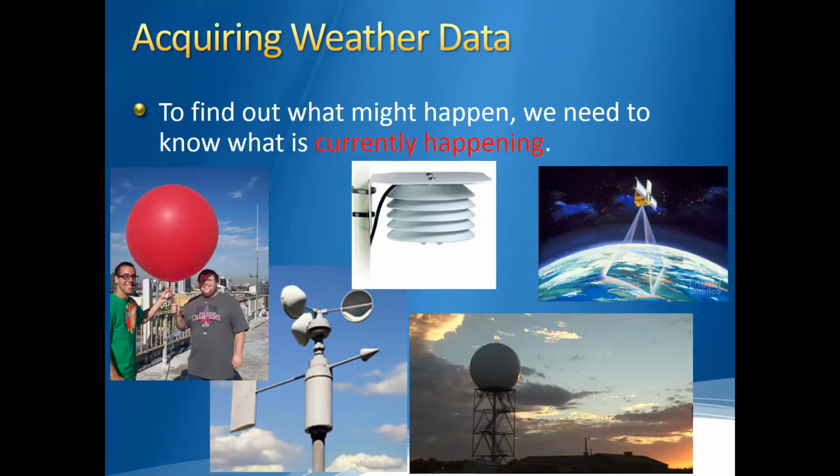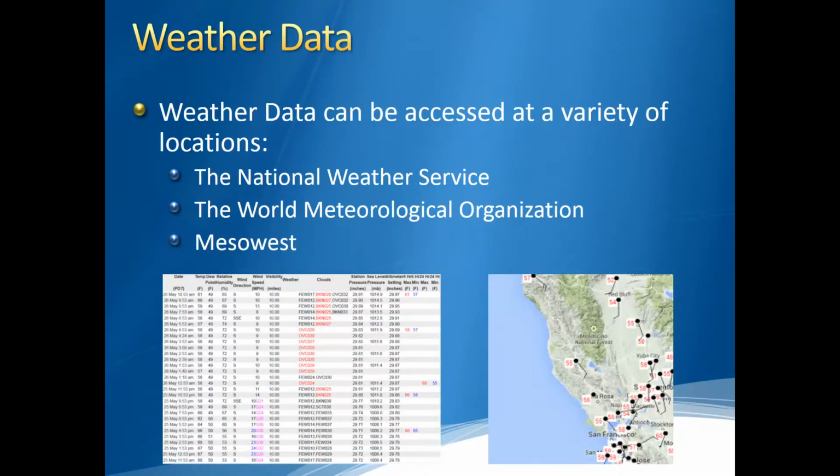And as a result, all of this weather data needs to be processed, analyzed, and made readily available for meteorologists to make their predictions. There are a few ways that we can do this, and thankfully there are a lot of tools that do this for us. There are a lot of clearinghouses that we can go to for weather data. Here in the United States, the quickest place you could go to gather weather data would be the National Weather Service.